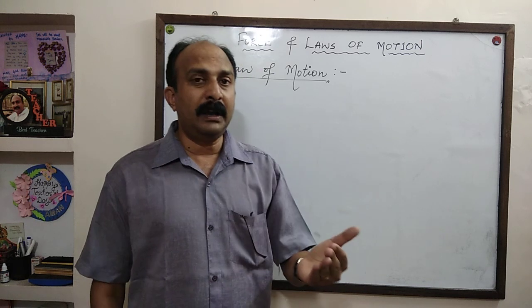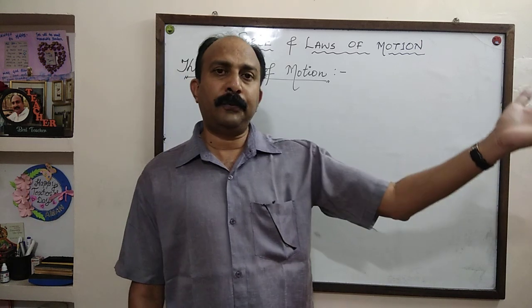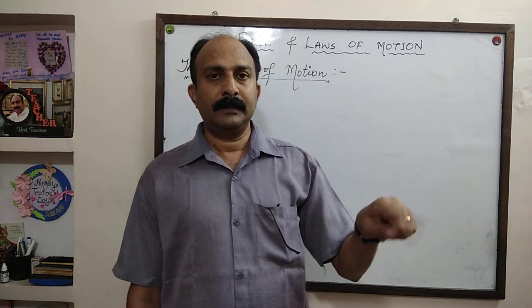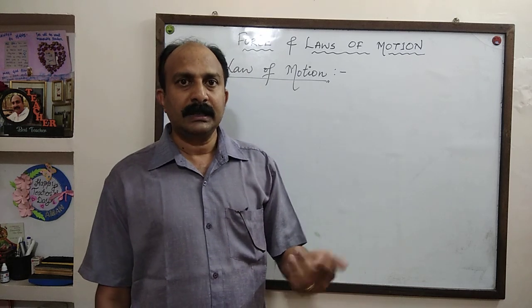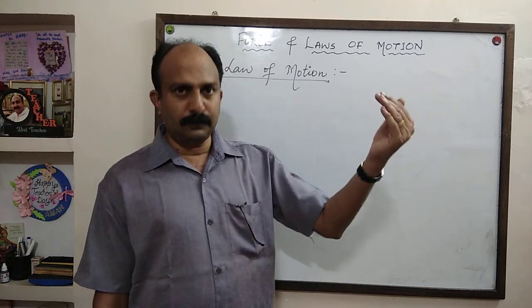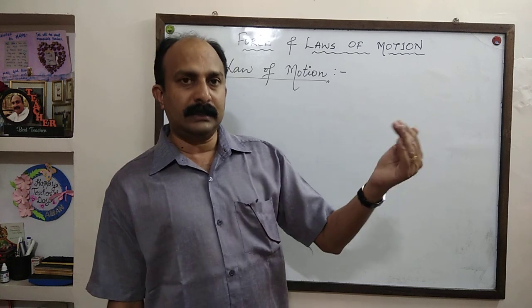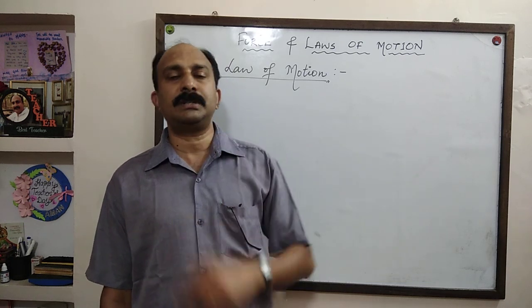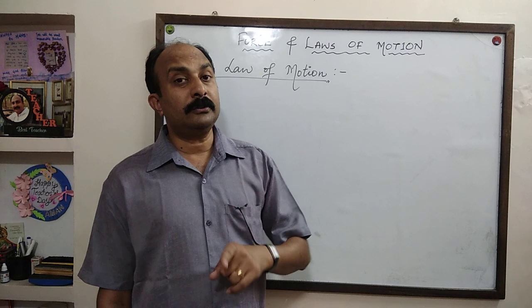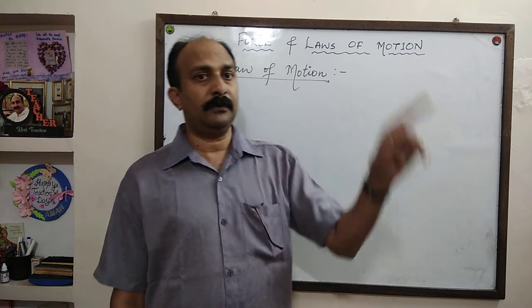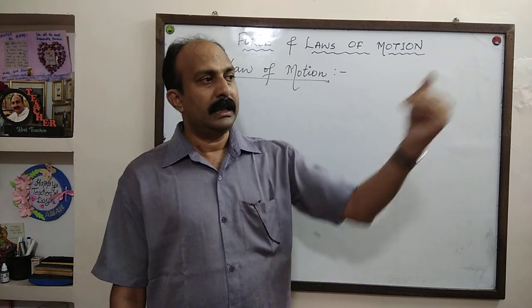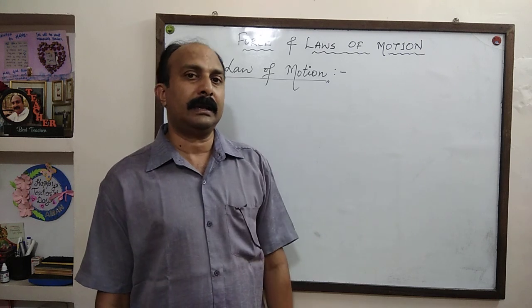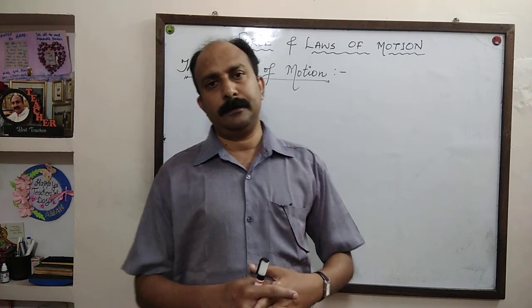So the force by which bullet is moving forward is called action. The force by which the gun is moving backward is called reaction. So it is because of the force of the bullet that the gun is coming back. This is called recoiling of gun.